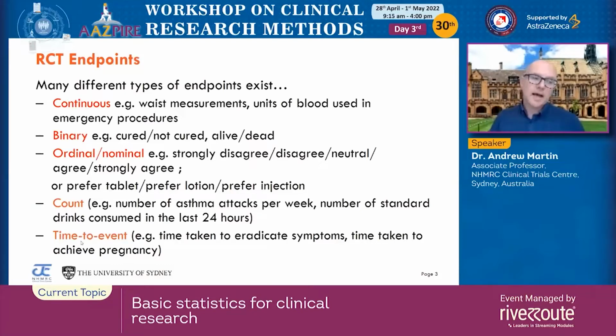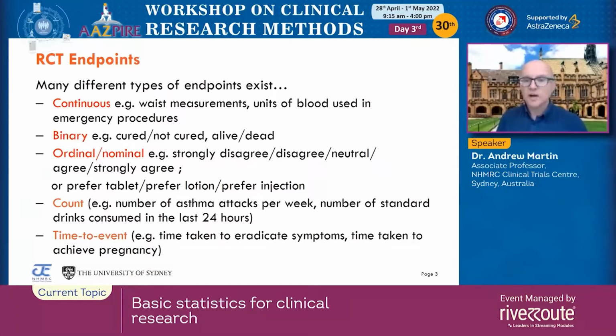Perhaps it's a time to event endpoint, one where we're measuring the elapsed time from being randomized in the study up until a particular event occurring, like time taken to eradicate symptoms or survival time. And one of the important features of time to event data is that we may have some individuals in our data set that are never observed to see the event in question.